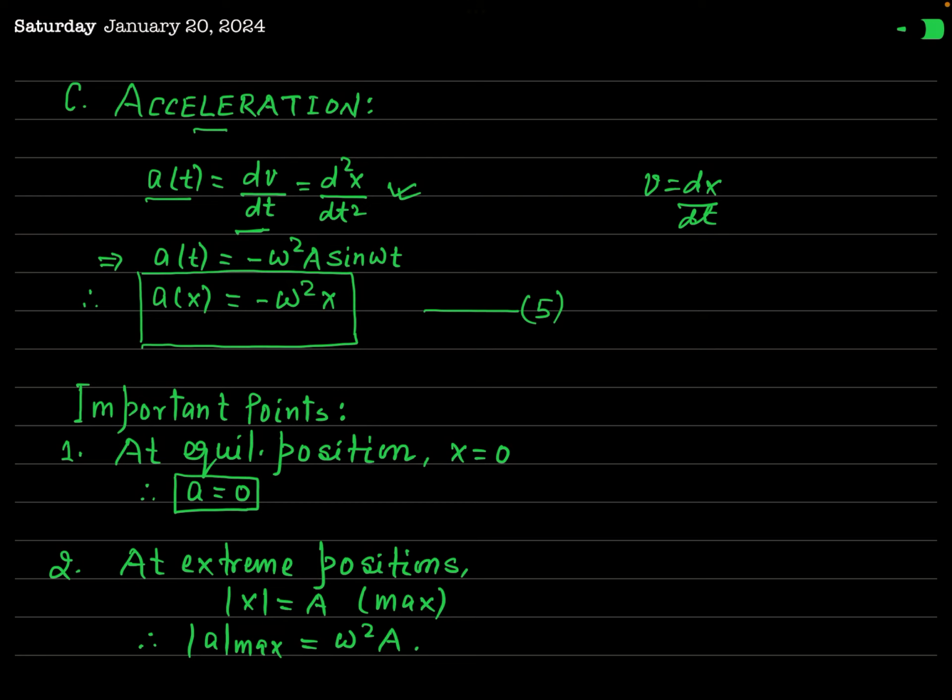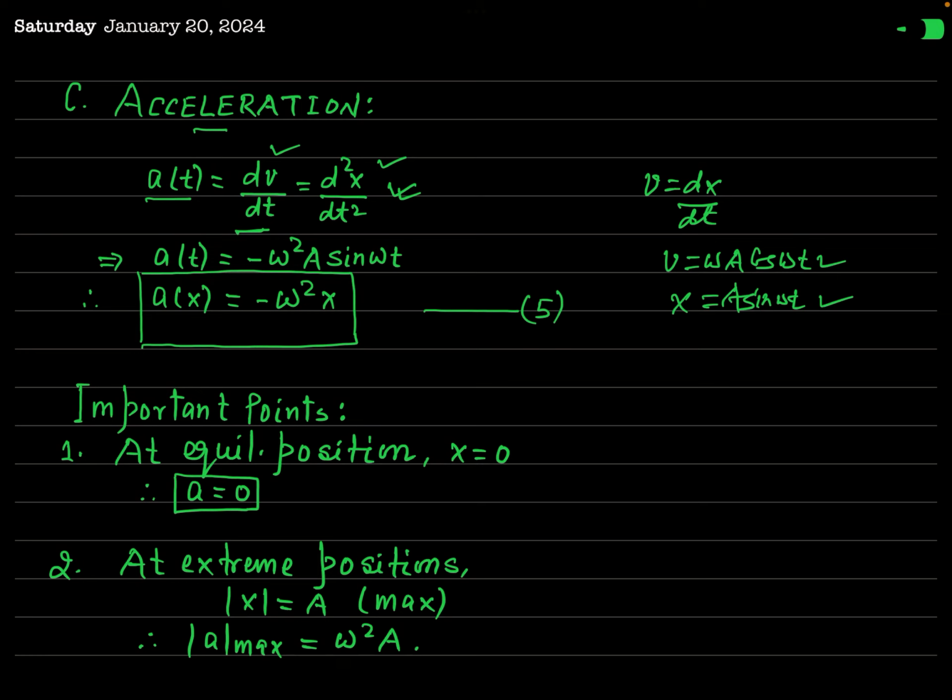As you have learned earlier, v is equal to omega A cos omega t, and x is equal to A sin omega t. Substituting this value of v, or this value of x, in this expression, you can obtain acceleration.